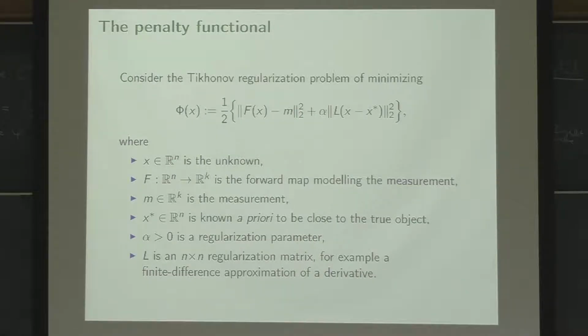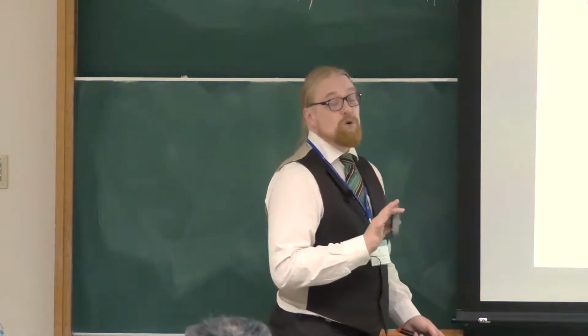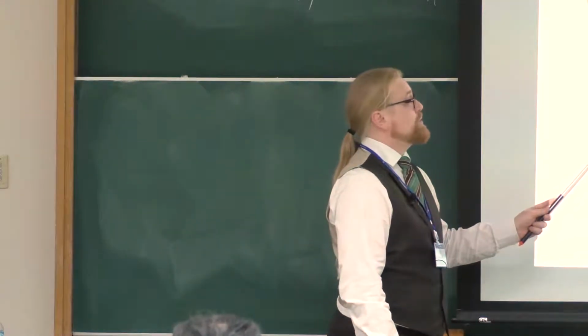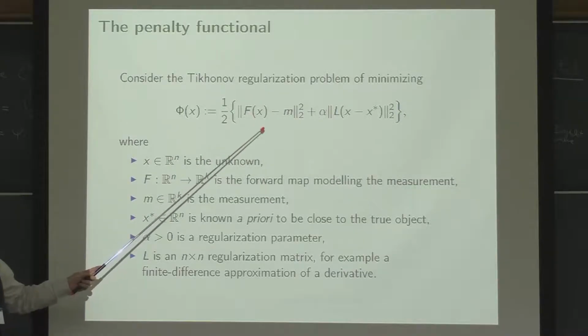So the basis is the Tikhonov regularization we already discussed in the linear case. Now we do a bit more general than we did in the linear case. Namely, first of all, this f now can be a nonlinear function.